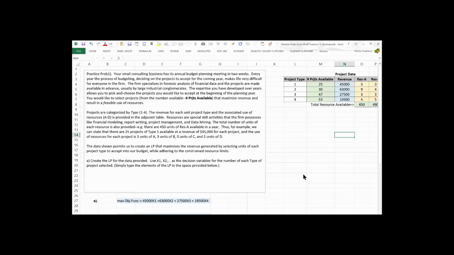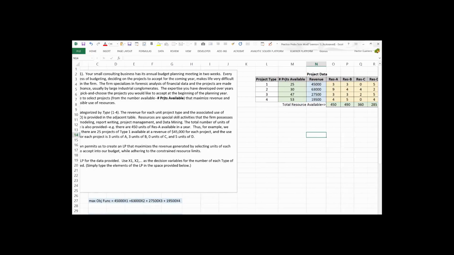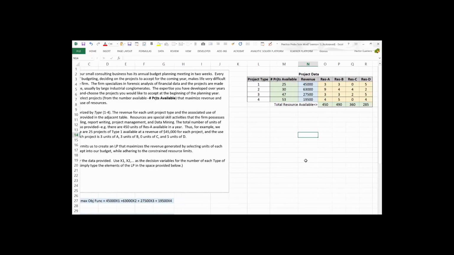By that I mean we use up resource elements each time we pick a project, and we have to account for that. We don't have unlimited resources. Nobody's got unlimited resources. So the problem states that there is a table on the right here that describes the situation for both the objective function and the constraints.